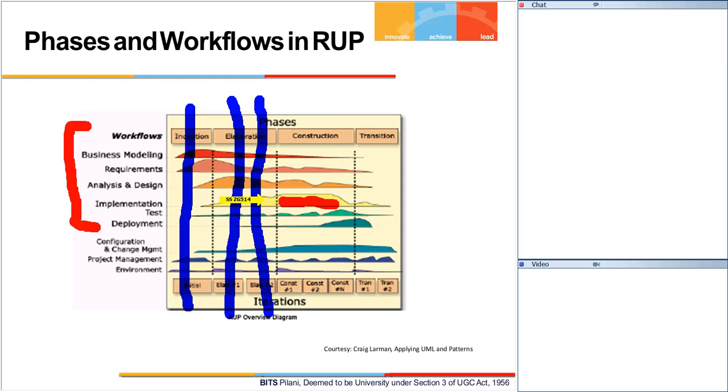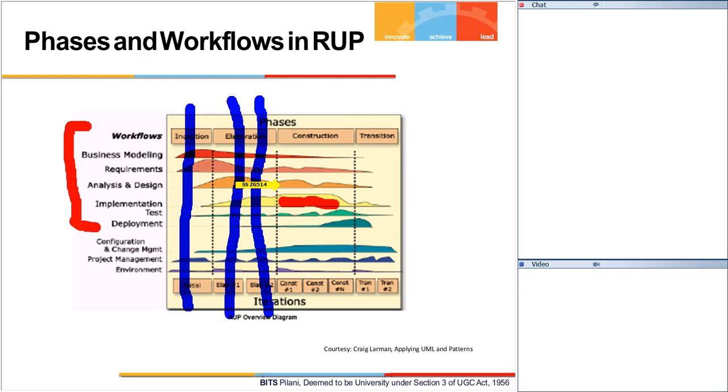So every iteration has its own small set of requirements, for which you will capture the requirements for that phase, do an analysis of those, do a design of those. But eventually when you're in the construction phase, that new set of requirements is quite small, right?